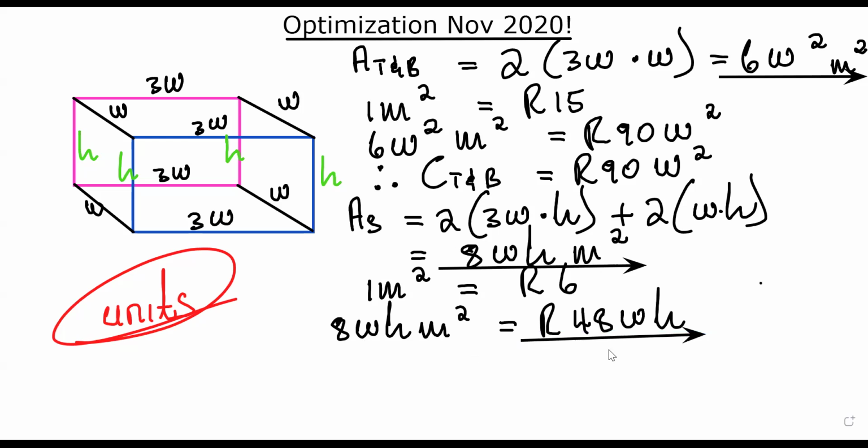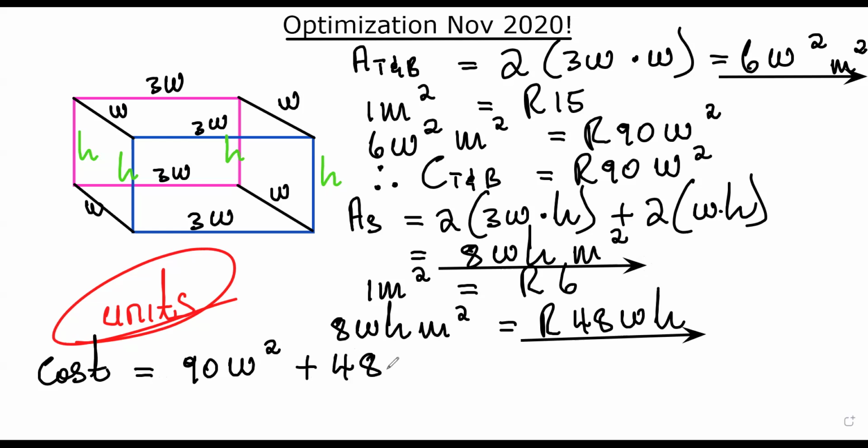So now we know the cost for the top and bottom surfaces. We also know the cost for the sides. So now we can find the total cost. And this is how we find the total cost. Well, we say it's the cost of the top and bottom surfaces, which we found to be 90 W squared.